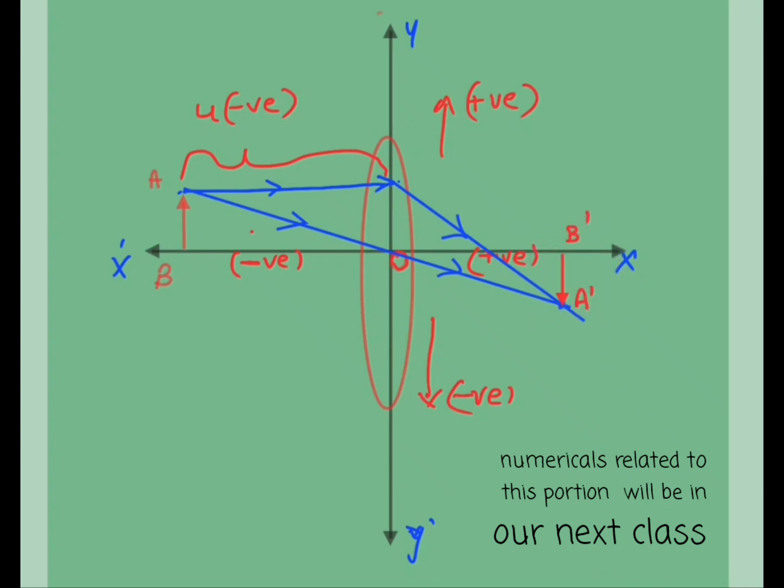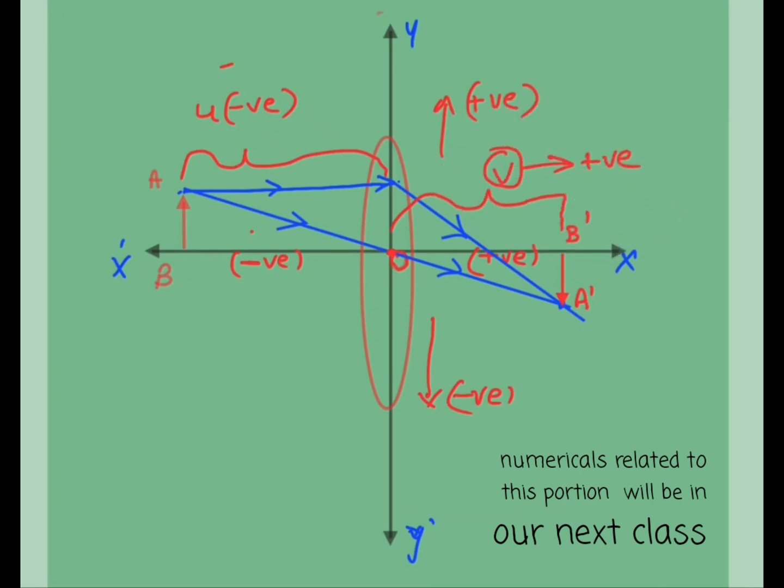You can see the position of the image, and we can see that it is an inverted real image. So when you measure the distance, we are measuring from optic center, so we do the measurement from optic center towards the right till here, and we name that the image distance, which is represented using letter v. Since it is on the right side, we take the image distance here as positive. Okay, so on the left side, object distance is taken as negative, and on the right side the image distance is taken as positive.